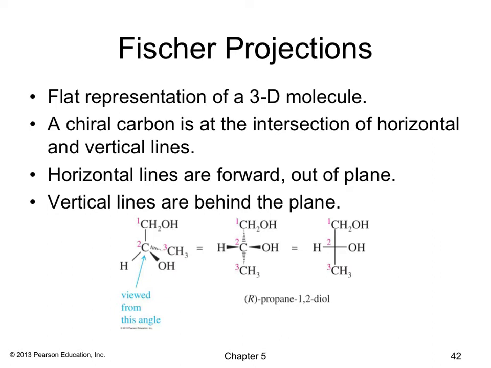You know that it's R because the priorities are: this is 1, this is 2, this is 3, and this is 4, and so you go 1, 2, 3. That's going in the right-hand or clockwise direction, so you assign it R.